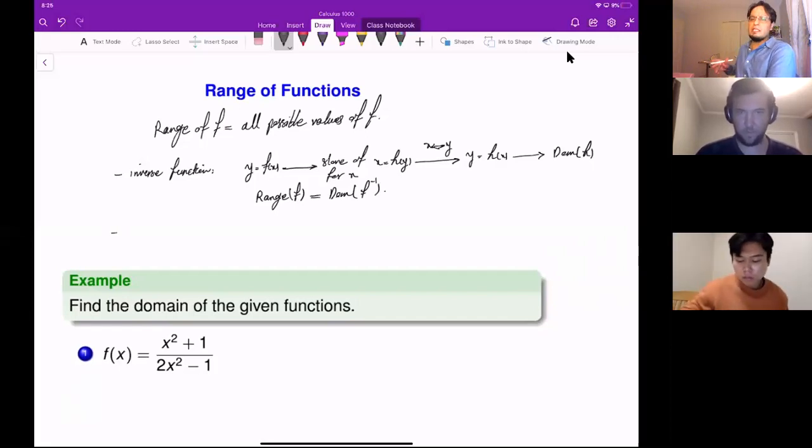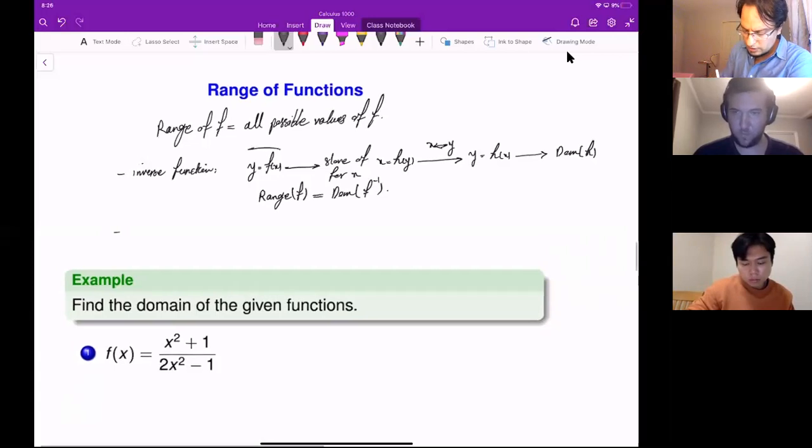This method is nice. You will see that we will do some examples for that, but it's difficult most of the time because if the function doesn't have an inverse, what are you going to do? And also, solving equations is not easy. There are equations that no one can solve explicitly.